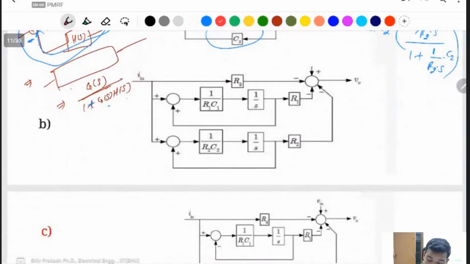Comes the second option. Same thing. This one is V in, V output plus V in minus I in into R3. Then reduce this one. The output is equal to V in minus I in into R3. From here, same I in multiplied by this one, minus I in into R1, minus I in into R1.